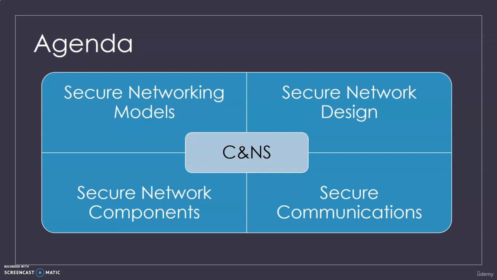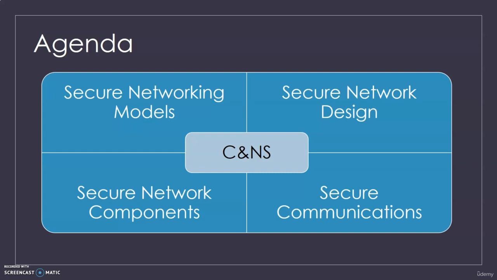The third is secure network components: what the different secure network components are, what their use is, and the optimum way to use them. The last is secure communication. Once you have established the complete secure network design, then how the communication can be secured. So we have divided it into 4 portions.